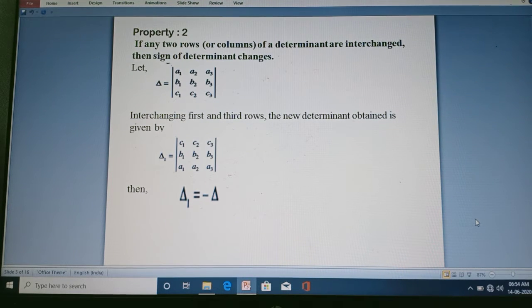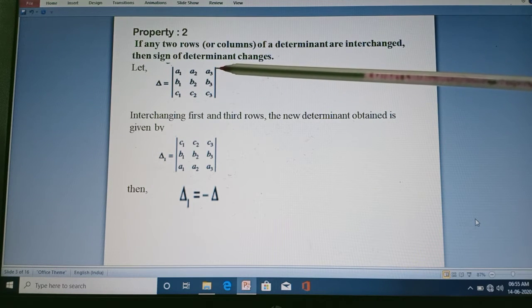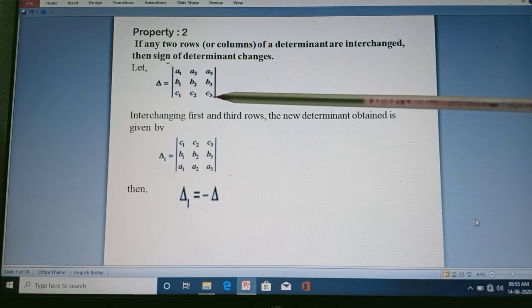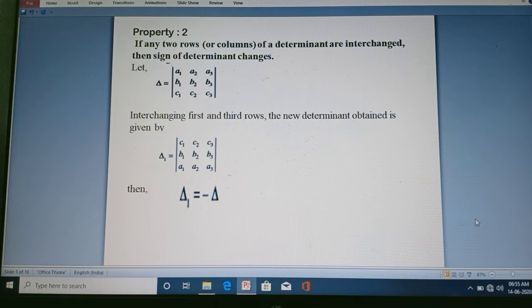So in this case we are changing one time, right? In this case the value of determinant will be negative, right? We are interchanging first row and third row, so the value of determinant will be negative.